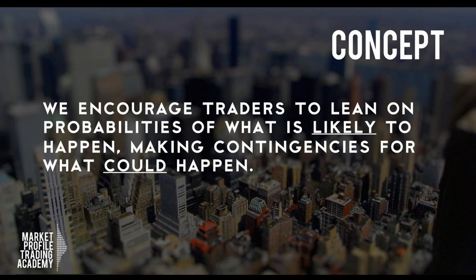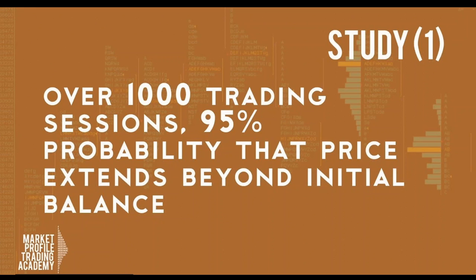So in the futures space, where we trade a lot, because of the marriage of profiling and auction market theory in the commodities market, and also because Matt and I are futures traders, we did some studies, and here's some interesting data that we figured out. If you take 1,000 trading sessions, there's a 95% probability that price will extend beyond the initial balance.